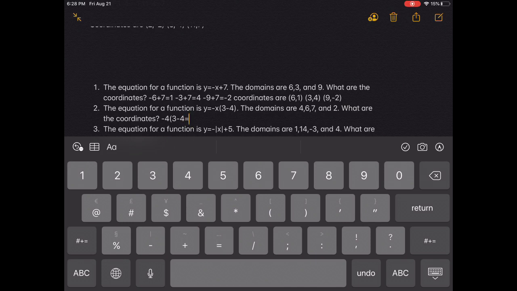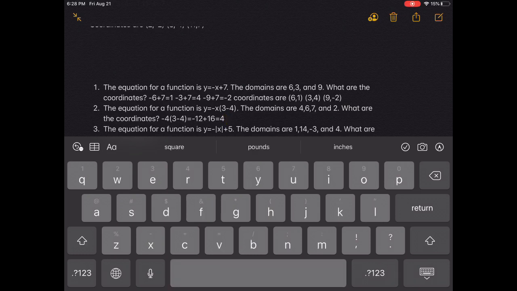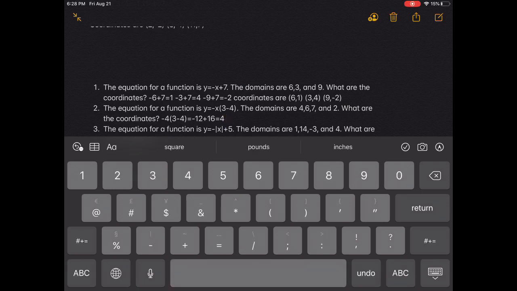We distribute -4 to 3 and -4. So -4 times 3 will be -12, and then -4 times -4 will equal 16. So -12 plus 16 will equal 4.